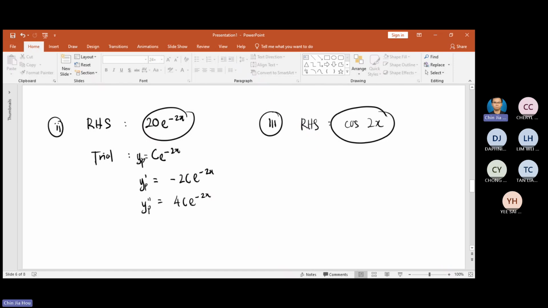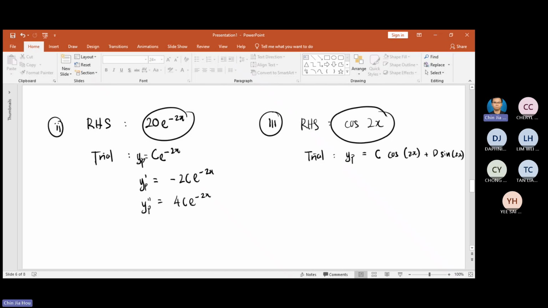As long as you have sine or cosine on the right hand side, your trial function, the safe one, is always c cos 2x in this case plus d sin 2x.